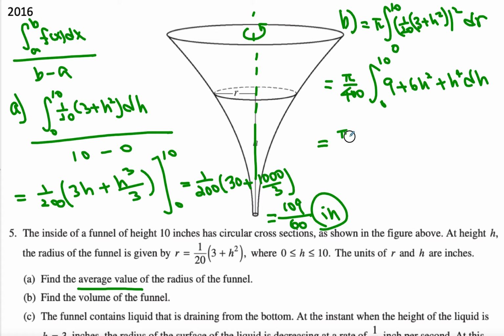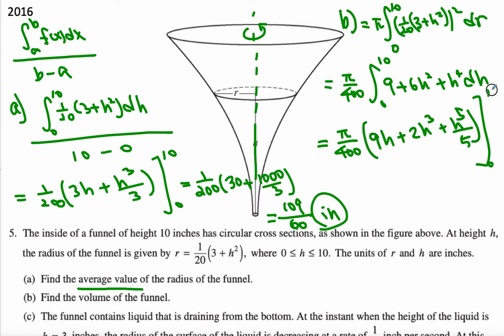So we get pi over 400 times (9h plus 2h cubed plus h to the 5th power over 5), from 0 through 10.